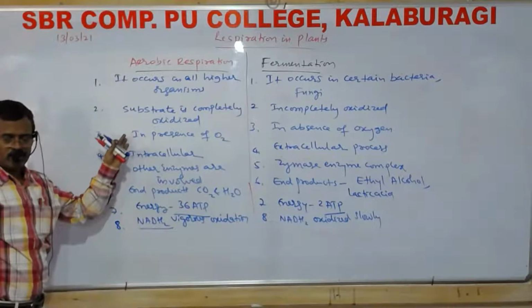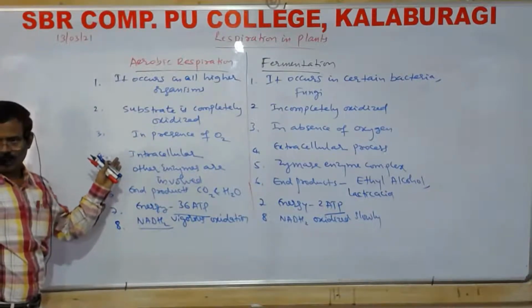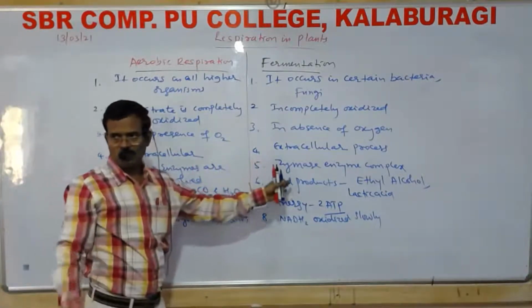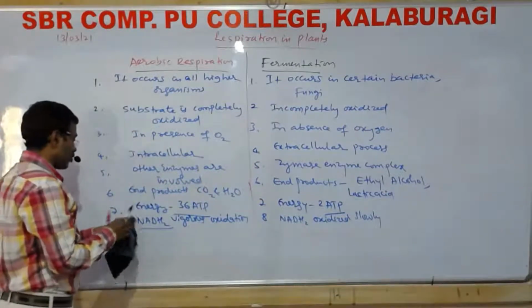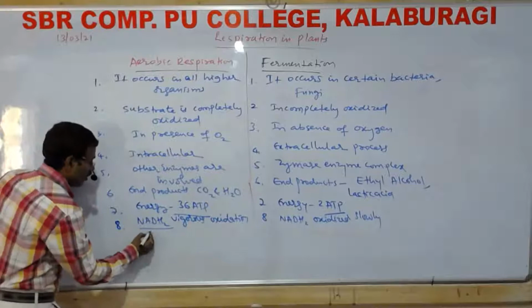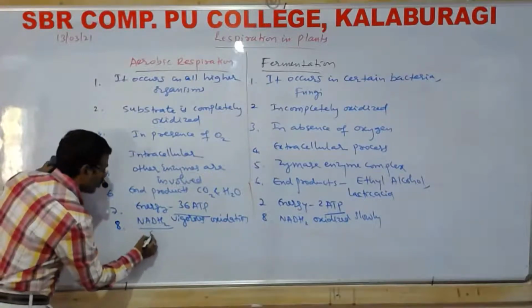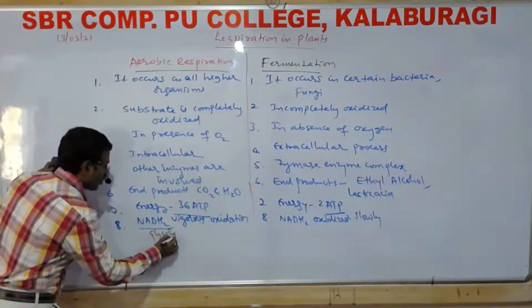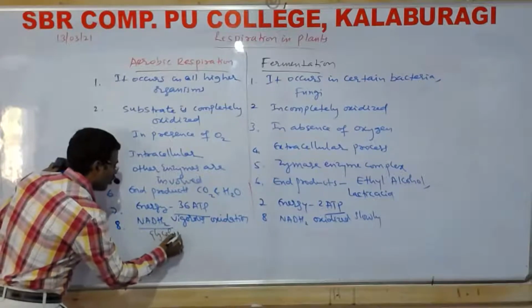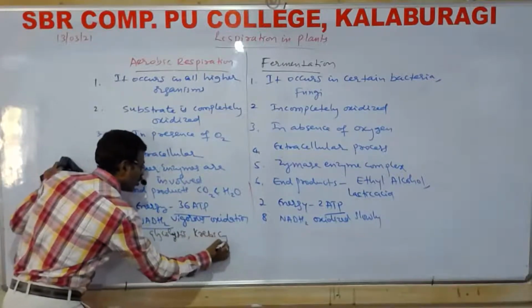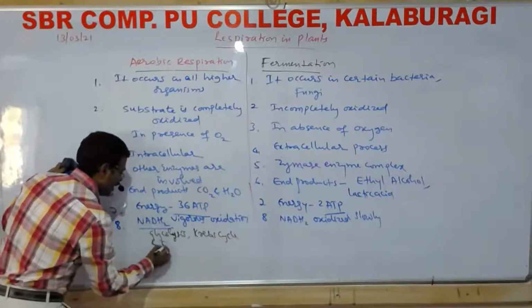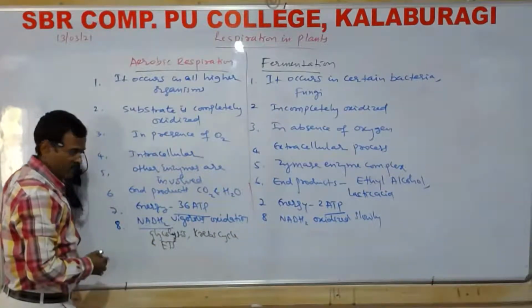See, in aerobic respiration, mitochondria is involved. Here, no mitochondria. Right? What does aerobic respiration mainly involve? It usually involves glycolysis, then Krebs cycle, and ETS, along with oxidative phosphorylation.